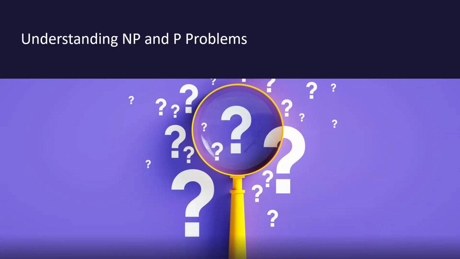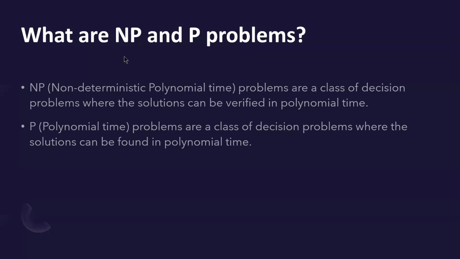So in this video, we will cover part 2 of week 11 content, which is NP and P problems, or non-polynomial and polynomial problems. So what are NP and P problems? NP, or non-deterministic polynomial time, refers to a class of decision problems where solutions can be verified in polynomial time.